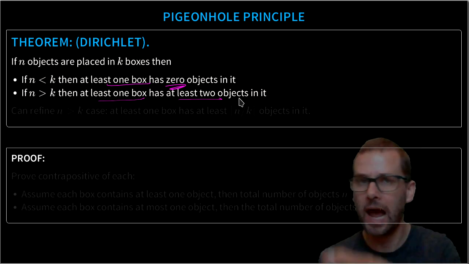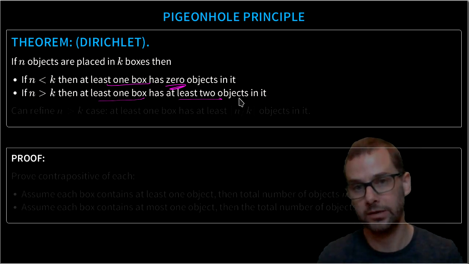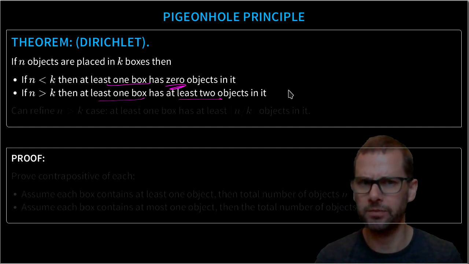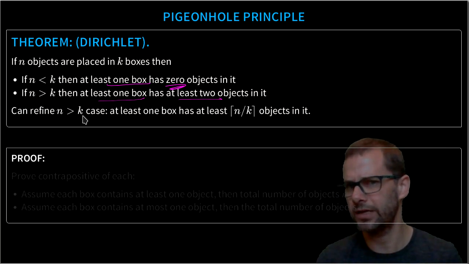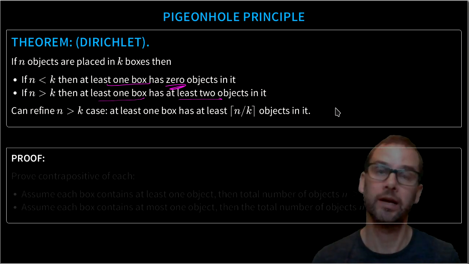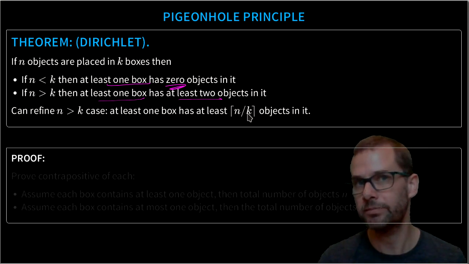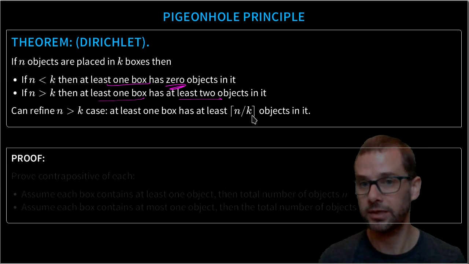Doesn't matter how we arrange things, one of the boxes has to have 2 things or more in it. Now this last case we can refine a little bit more to say, well, if n is bigger than k, then at least one box has the ceiling of n over k objects in it. Okay, now, it could be more than one box, but at least one box has to have this many objects, or at least that many objects in it.